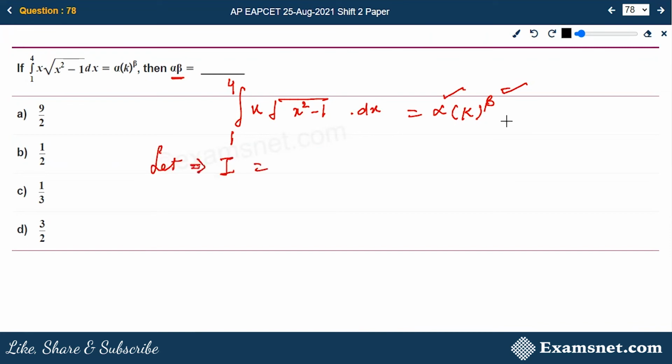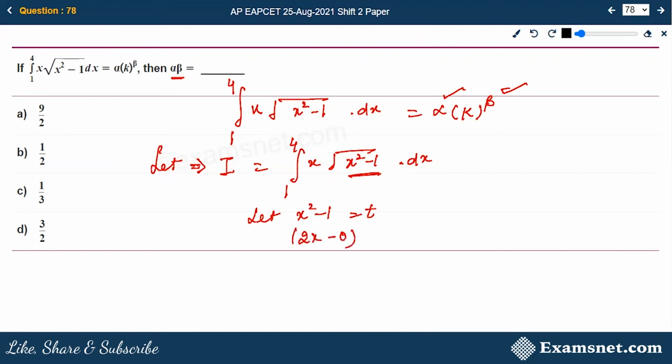I is equal to this integral from 1 to 4 of x into root of x square minus 1 dx. Suppose this is equal to some t. Let x square minus 1 is equal to t, taking differentiation on both the sides. 2x dx is equal to dt, which makes x dx equal to half dt.